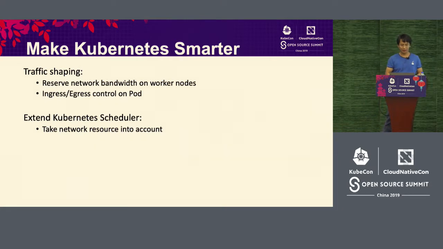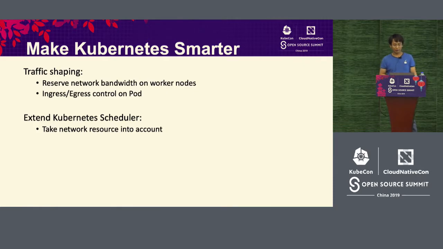So what we can do are two things. The first thing we need to do is traffic shaping. That means on each worker node, we have to reserve sufficient network bandwidth, sufficient resources for it. And also we need to do ingress and egress controls on the pod.